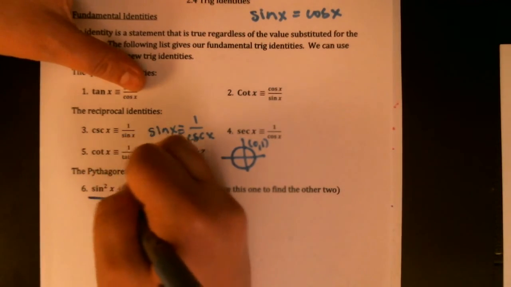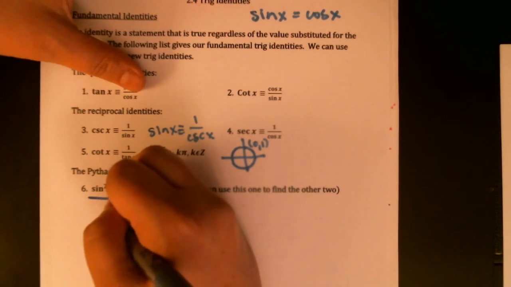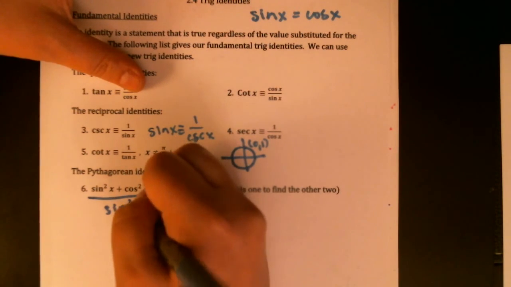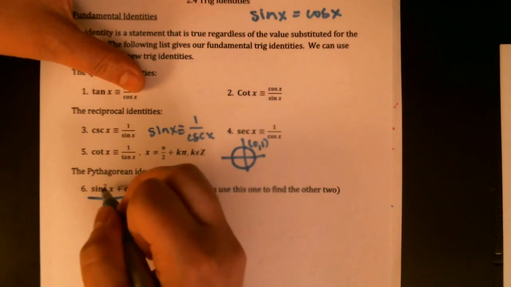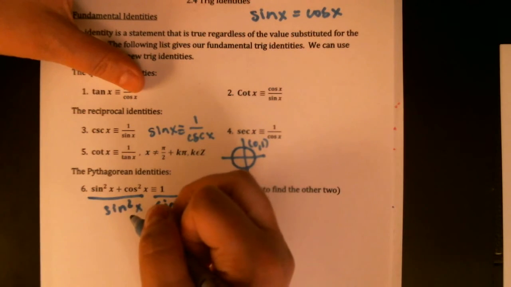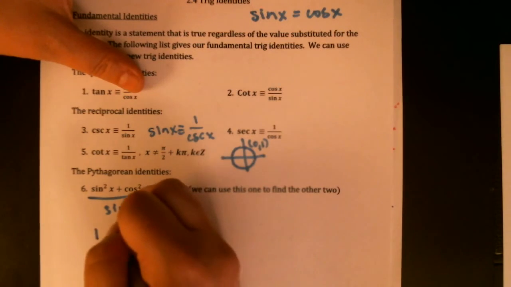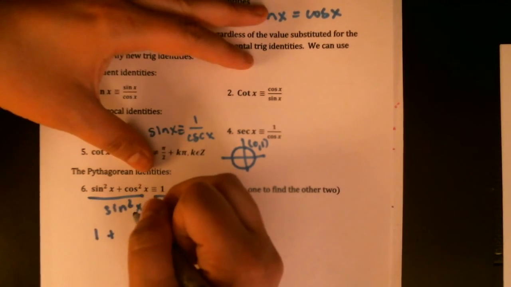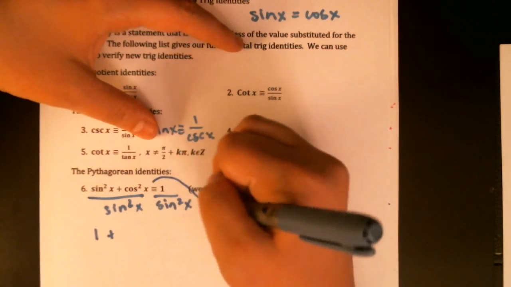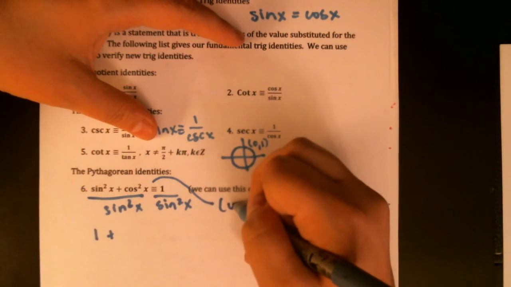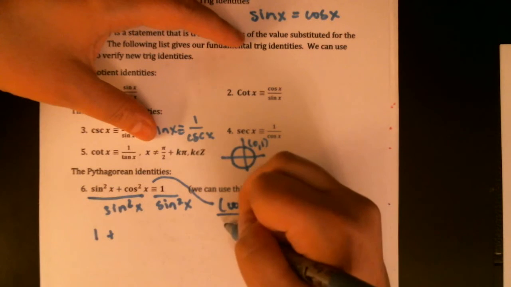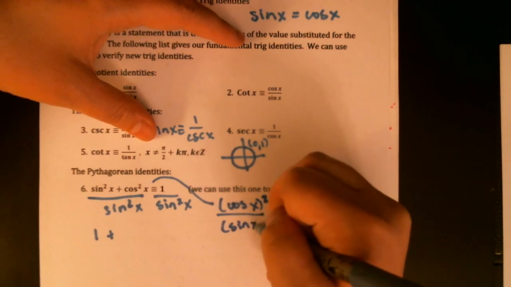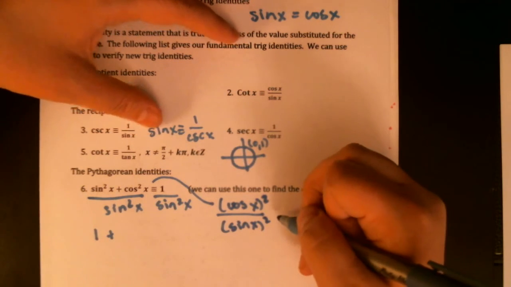So if I divide both sides by sine squared, I would get sine squared x over sine squared x, which is 1. And then I would get a cosine squared x over sine squared x. And just to make sure everyone's clear on that, what that really means is I have cosine x squared on the top, and I have sine x squared on the bottom.